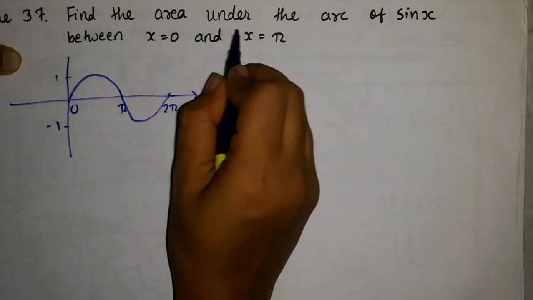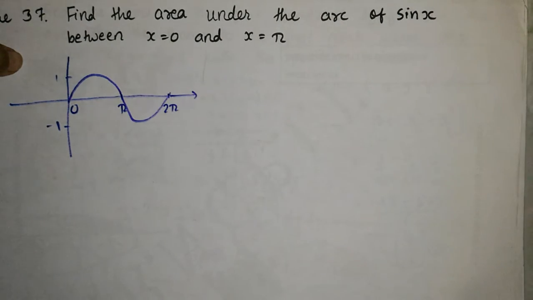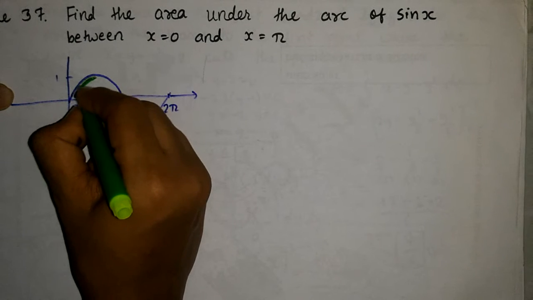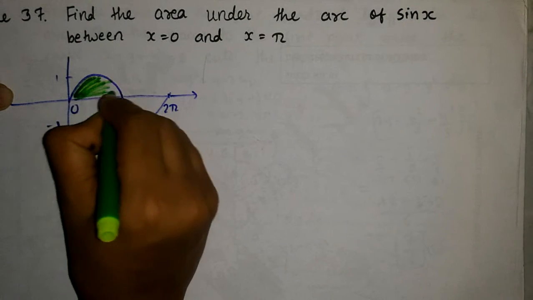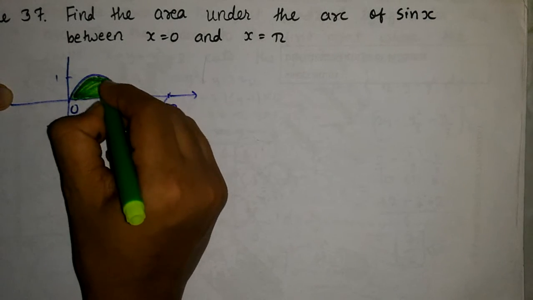We have to find the area under the curve between x is equal to 0 and x is equal to pi. So the region bounded between x is equal to 0 and x is equal to pi is this region. So we have to find this region.